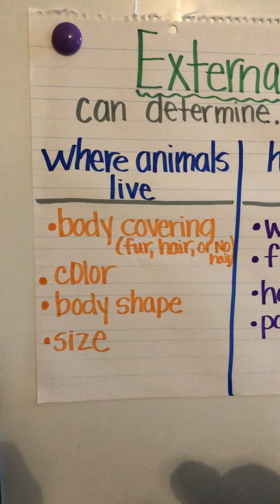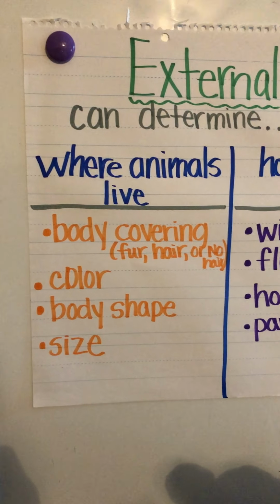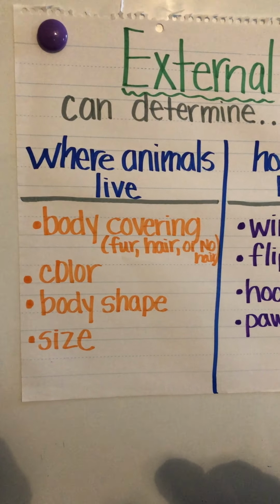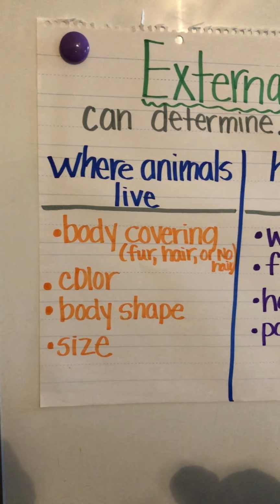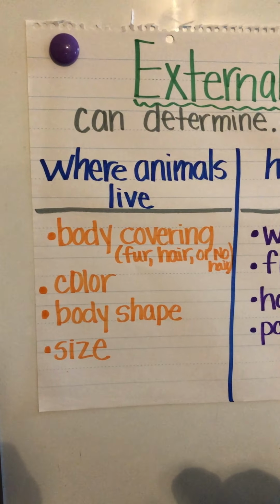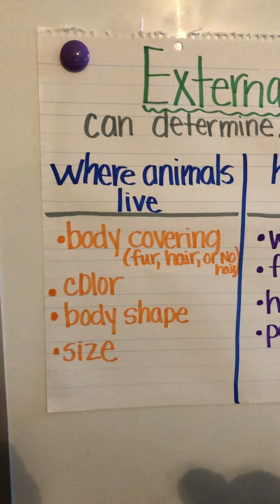Where do they live? That's right, they live in Antarctica and cold places like that, okay? Body shape helps. So big bears need to live in bigger spaces, right? Birds are small. They can pretty much fly and live anywhere, right? And squirrels. I bet you can list a lot of animals.